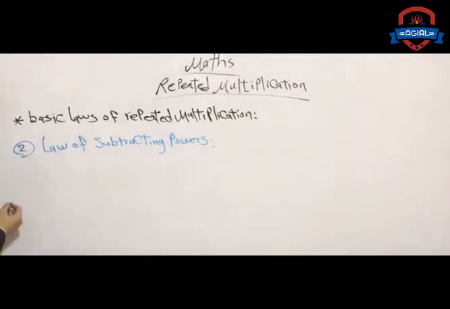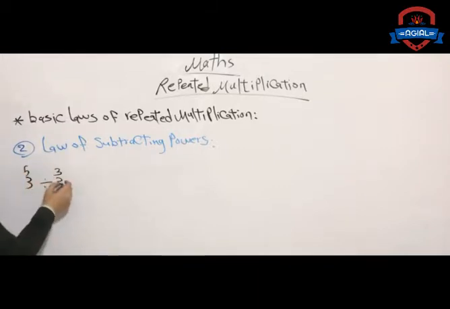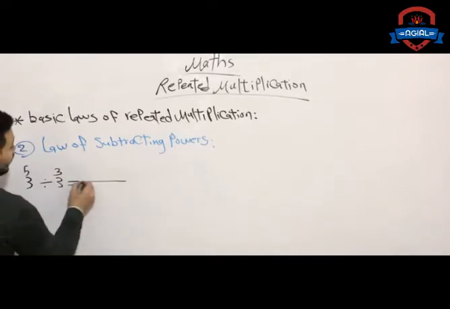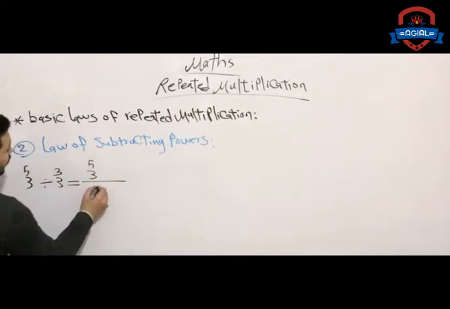If we have 3 to the power of 5 divided by 3 to the power of 3, so 3 to the power of 5 divided by 3 to the power of 3 equals 3 to the power of 5 over 3 to the power of 3.